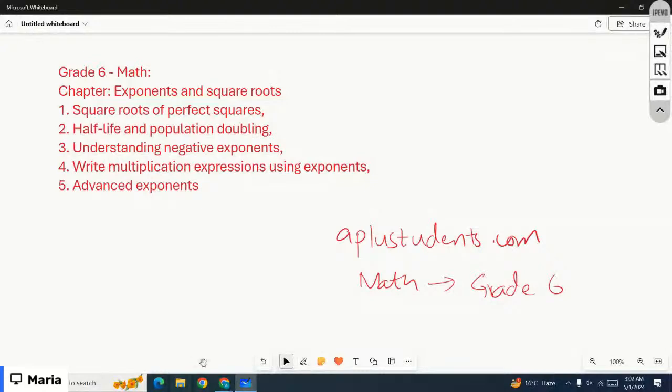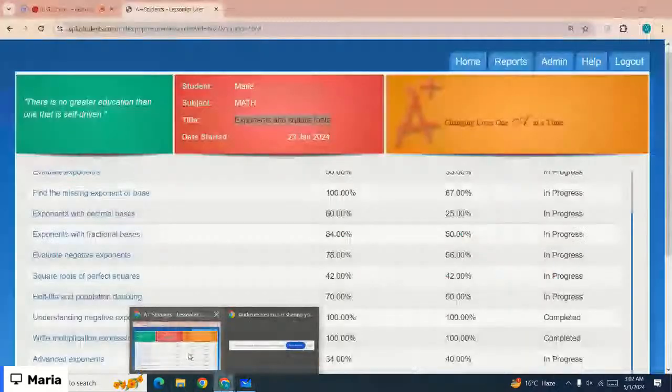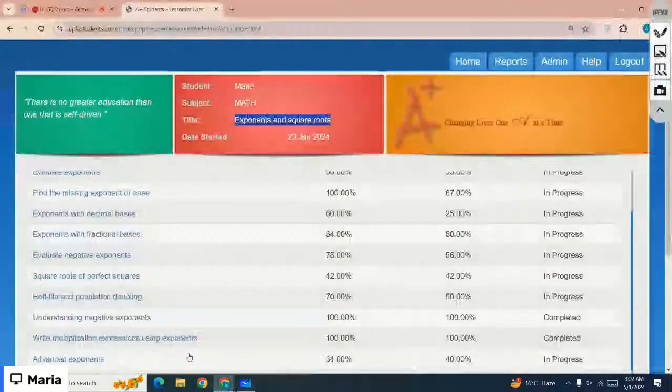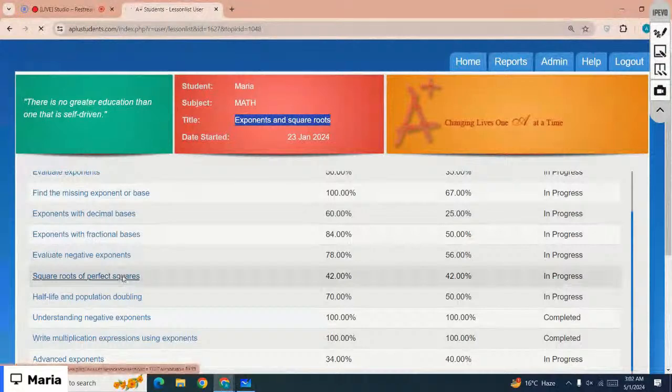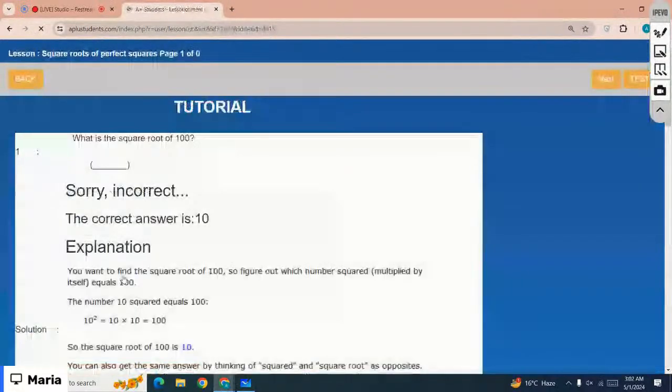Okay, let's start with the first lesson. Here I am on grade 6 math. The chapter we are on right now is exponents and square roots. The first lesson is square roots of perfect squares. What is the square root of 100?